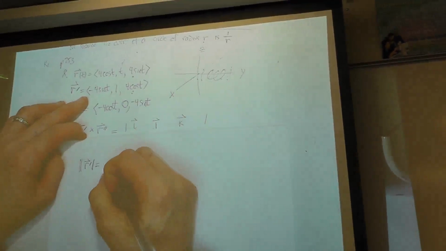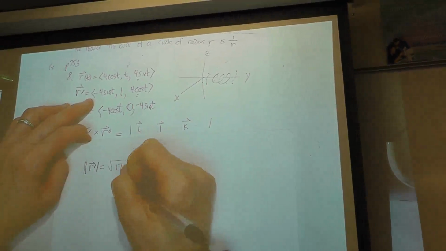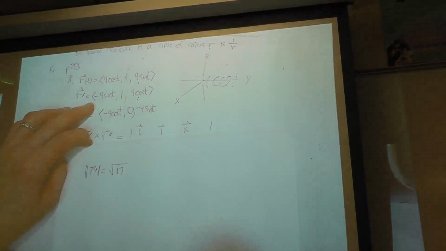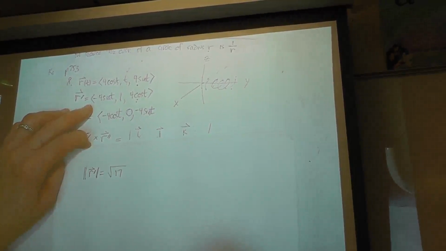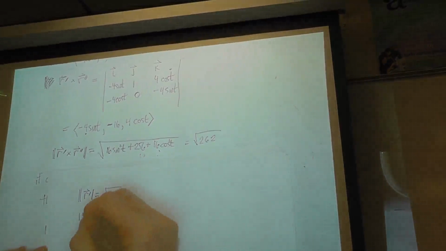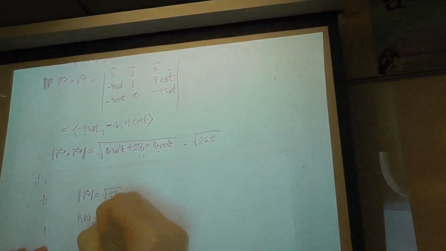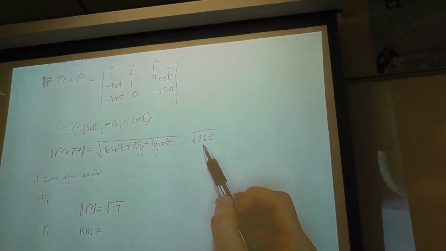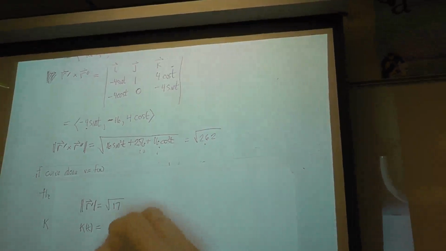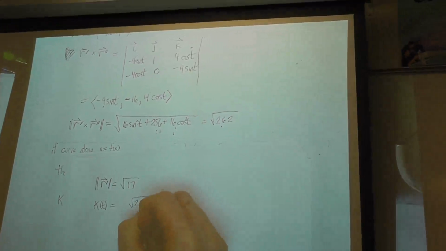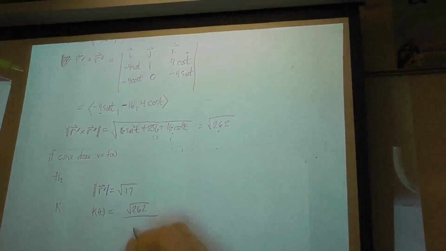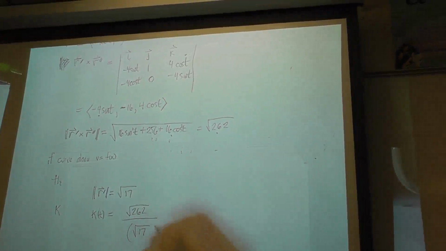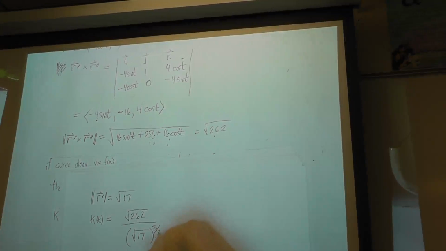And so this is going to work out to the square root of 17. Which means curvature at any point is the magnitude of my r prime crossed with r double prime over the square root of 17 raised to the 3/2 power.